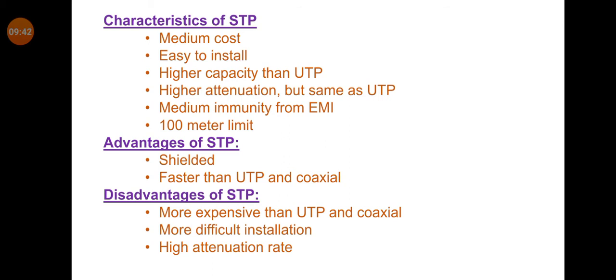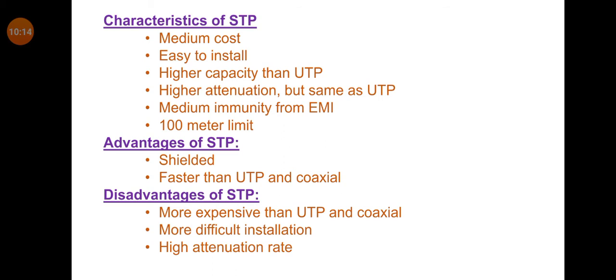Okay. So next are the advantages of shielded twisted pair. The first and very important advantage is that it is shielded. Because in shielded twisted pair, the cables are shielded. All cables are covered by a proper covering so that extra interference does not affect the data.